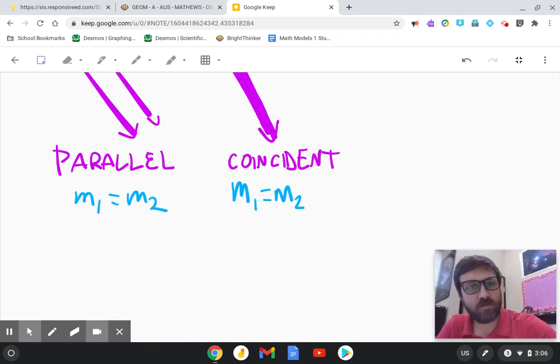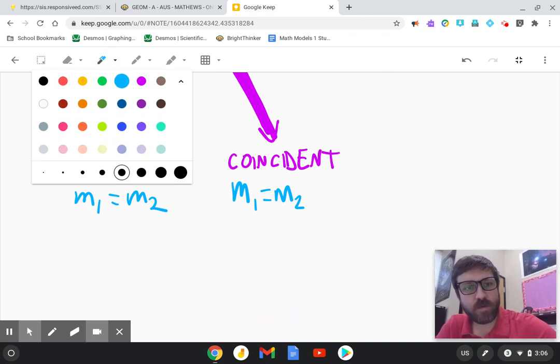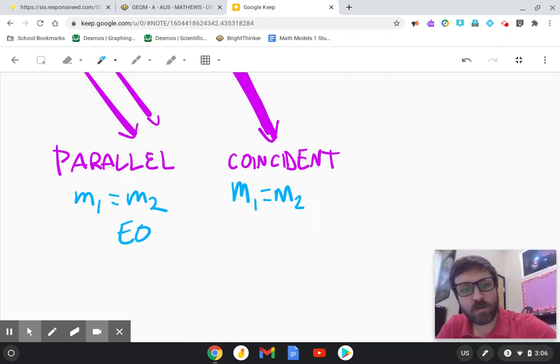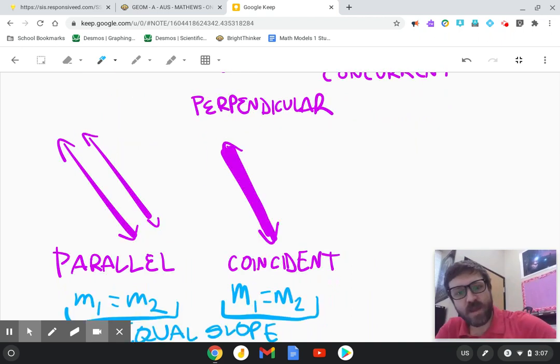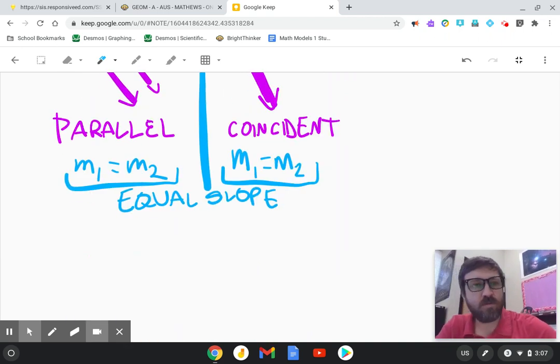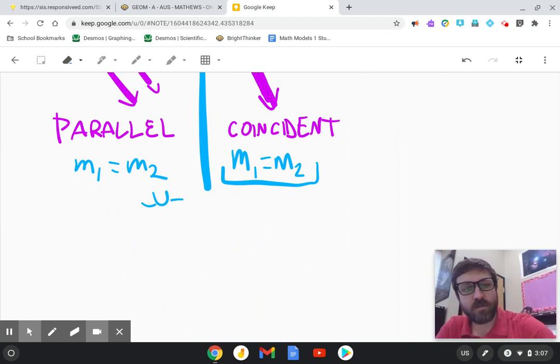That's what these two things mean. So I'm going to write that. So they both have equal slope. That's what this means here and here. So if they have one of those, you know that it's got to be either parallel or coincident.